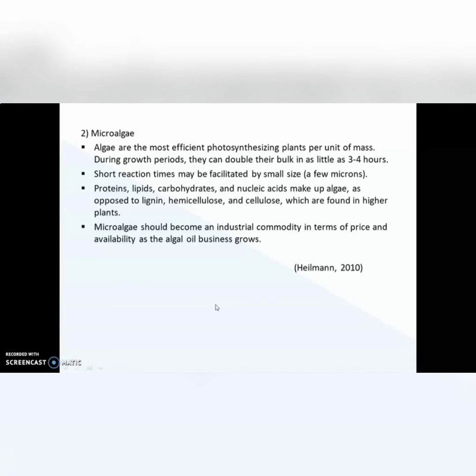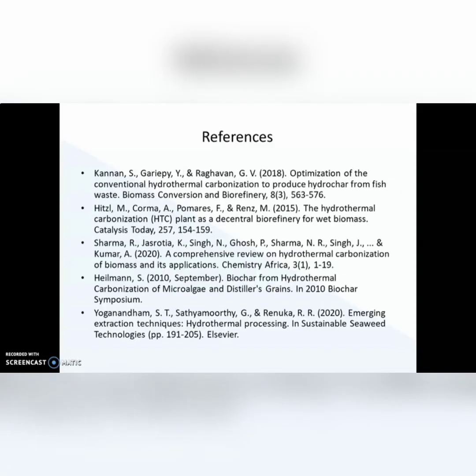And next are protein, lipid, carbohydrate, and nucleic acid. The makeup of algae is opposite to lignin, hemicellulose, and cellulose, which are found in higher plants. And lastly, macroalgae should become an industry commodity in terms of price and availability as the algae farm business grows. So that is my reference that I refer to.